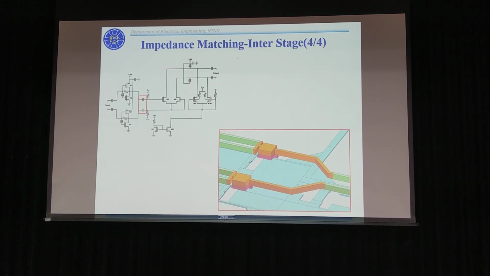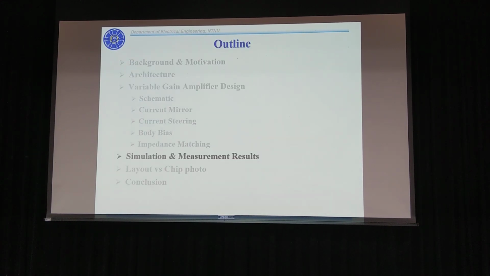As the name implies, the impedance in between two stages cannot be perfectly continuous, so impedance matching is also necessary. This matching is composed of a capacitor, which in addition to its matching function, also separates the bias of the two stages, allowing the gate terminal of the second stage to have an independent bias.